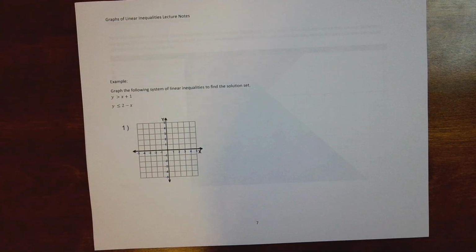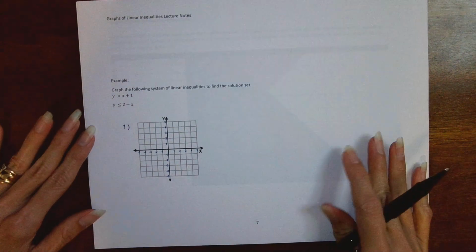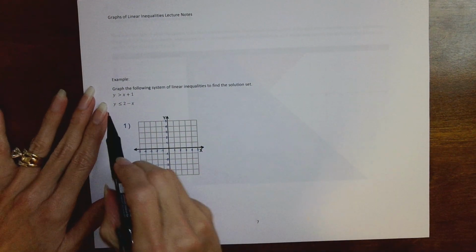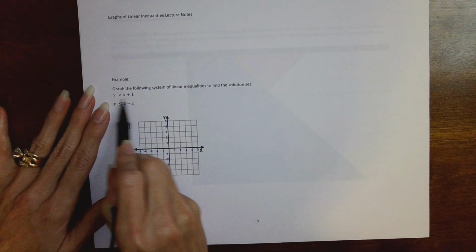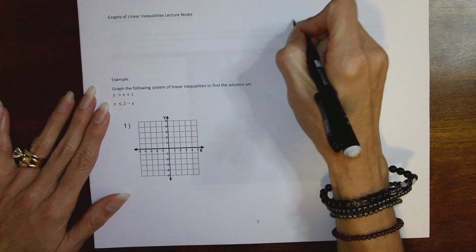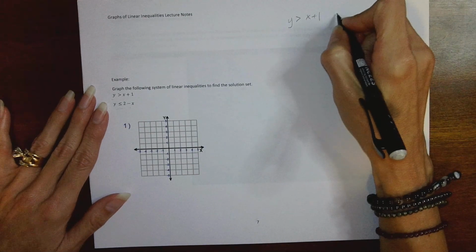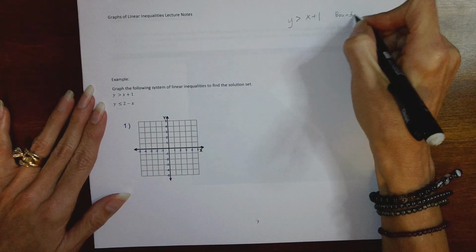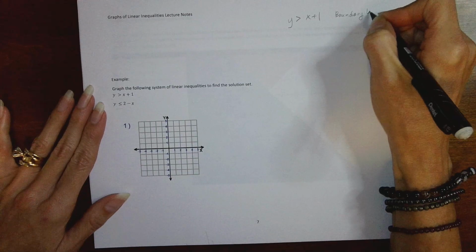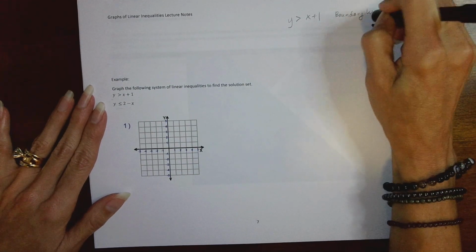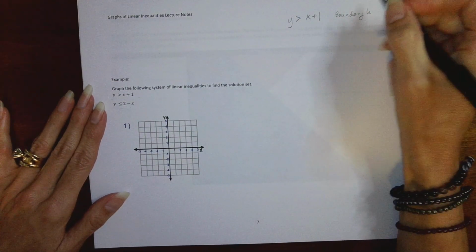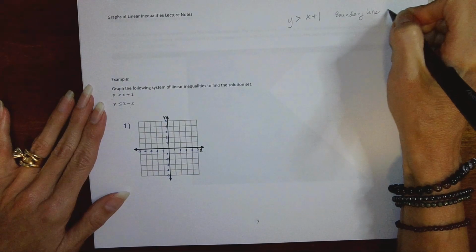Okay, let's look at another one. I think this is our last one. All right. So we have two inequalities. I have y greater than x plus 1. So I know that the boundary line is going to be dashed.